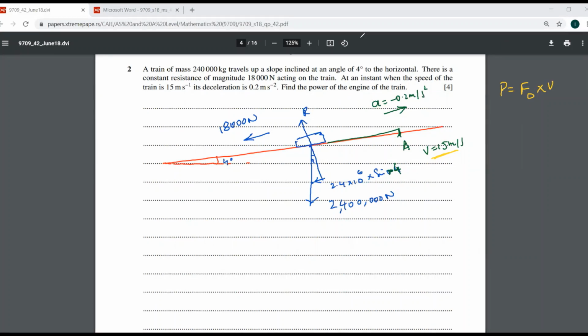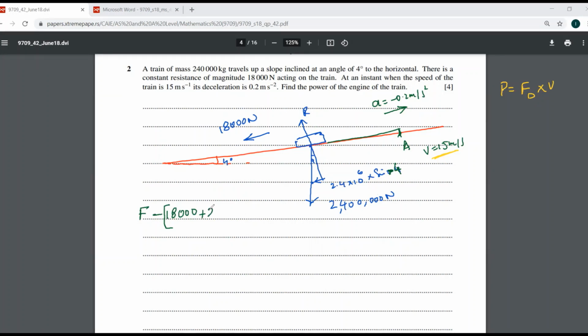So let's do that. The forward force we have to find. Let me say this is F. We have two backward forces. One is 18,000 and the other is this 2.4 million times sine 4.